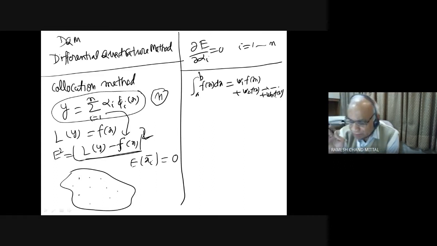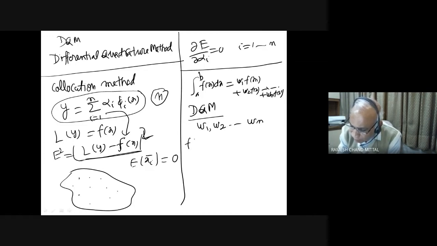That's what we do in the integral quadrature. Now, same way, in DQM, the differential quadrature method, what we do is find weights W1, W2, Wn so that they give you the value of the function at the points I have selected, some kind of interpolation.